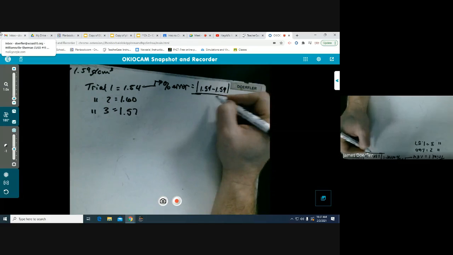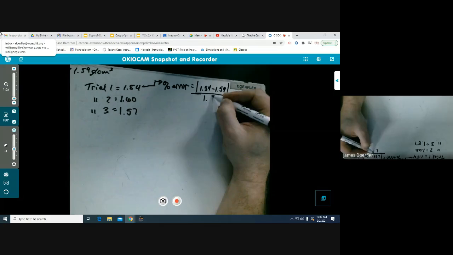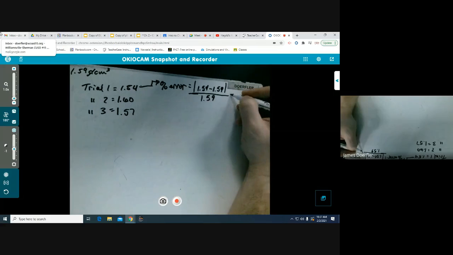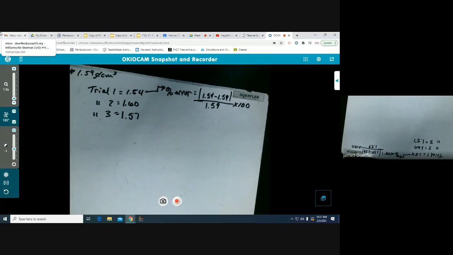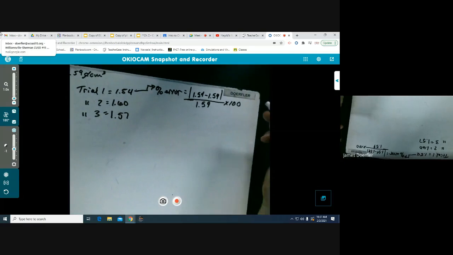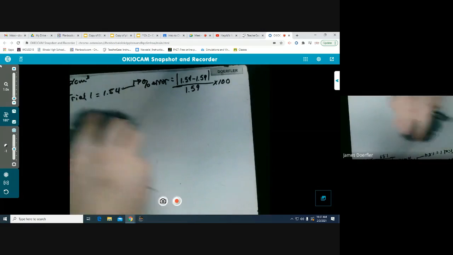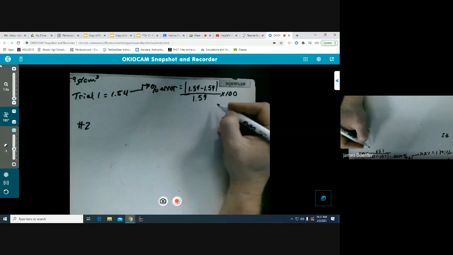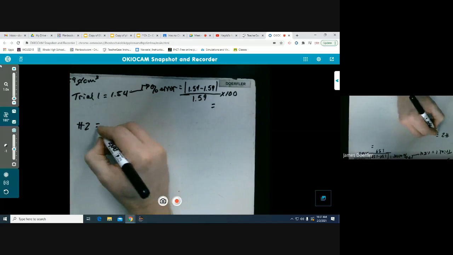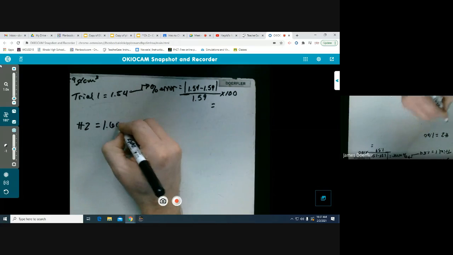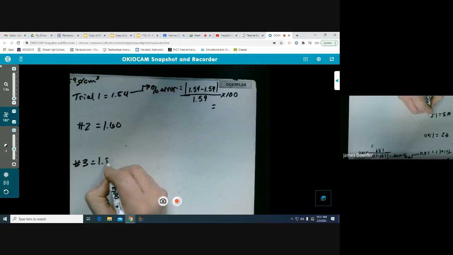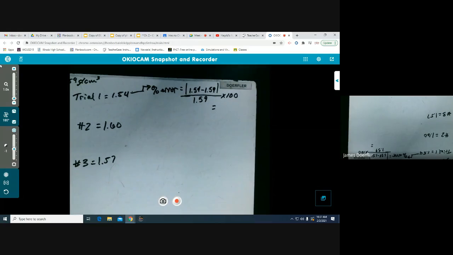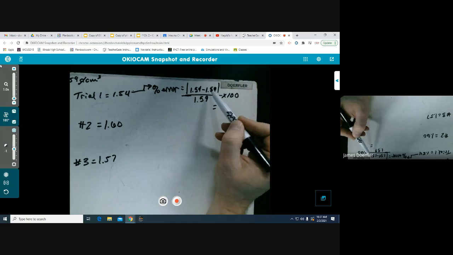So next, on the very bottom, you put the actual number. Okay, 1.59 times 100. Okay. So what is the actual percent error for number 1? I want you to calculate it. And here's why, because I don't have mine calculated right off the bat. So the whole thing, 1.54 minus 1.59.